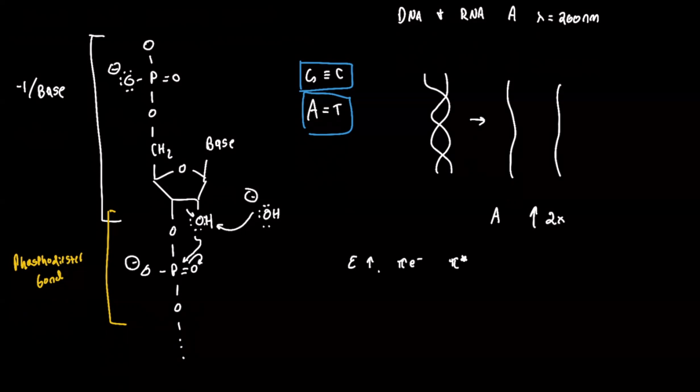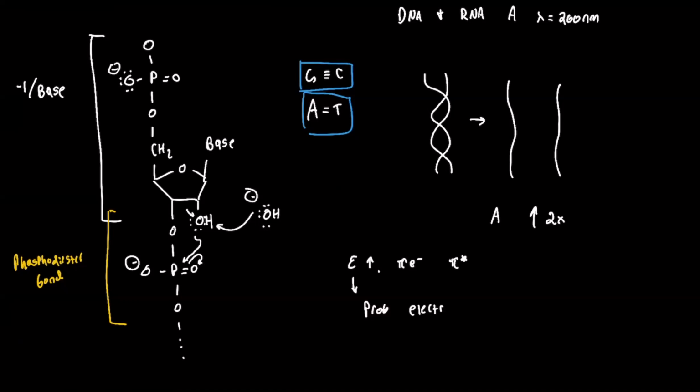Now, recall that the extinction coefficient is related to the probability of electronic excitement. And this probability of electronic excitement depends a lot on the microenvironment.